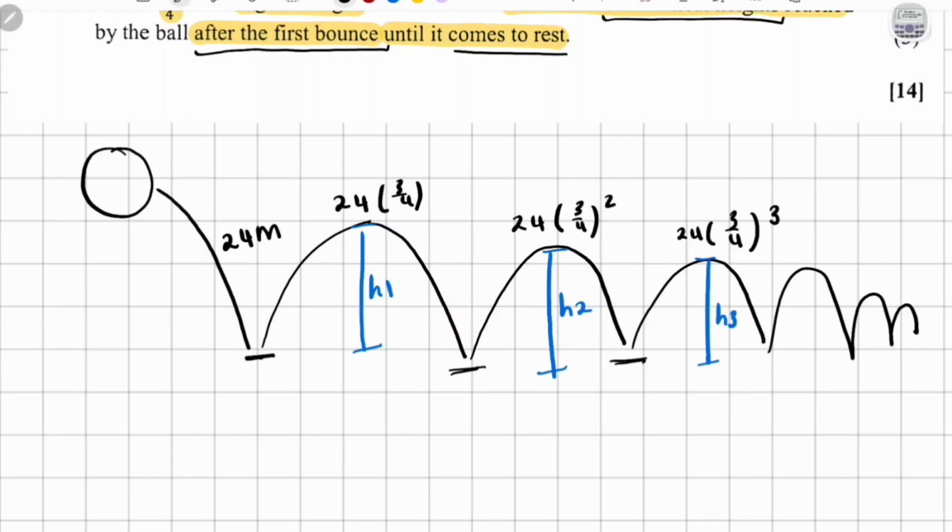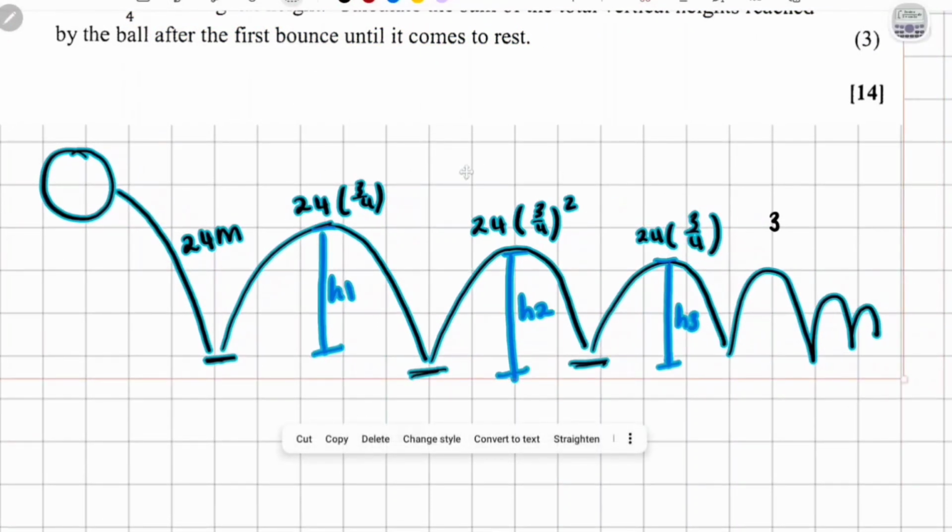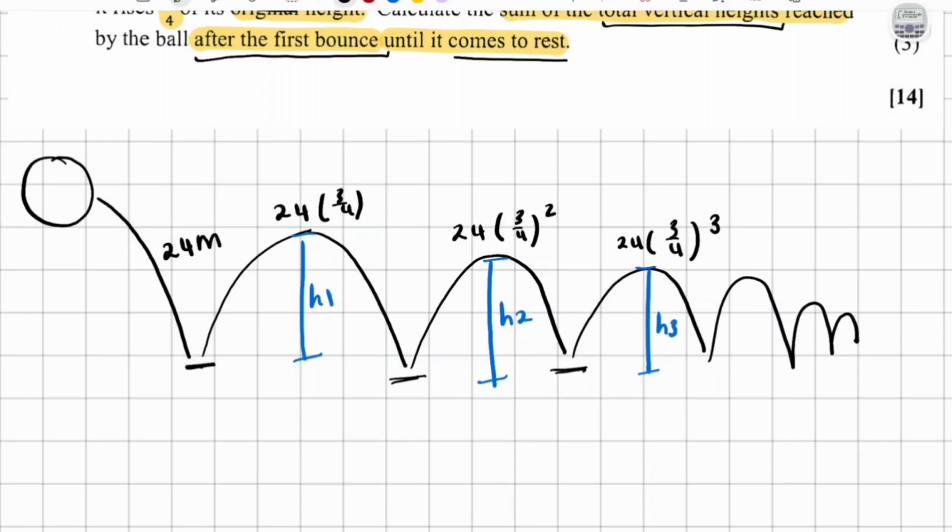Now think about what's the only height that this ball cannot go beyond. That height would be 0. Because when this ball reaches a height of 0, it's not even in the air anymore. It's now on the ground, okay? So the height that it will not go beyond would be 0.